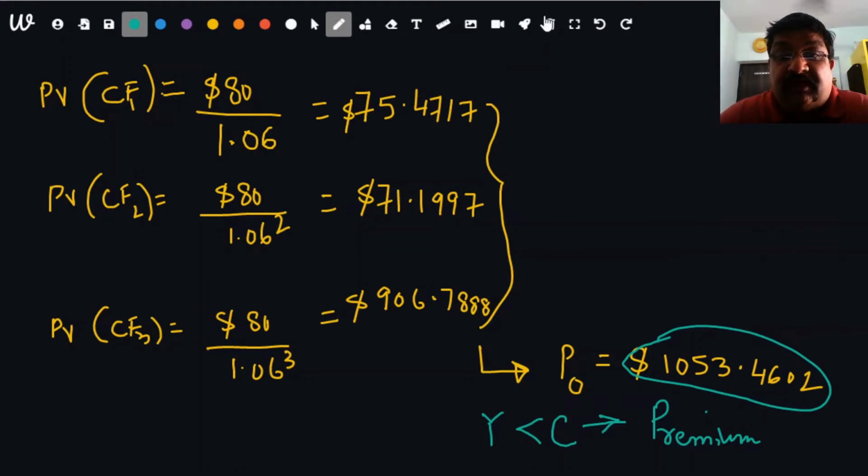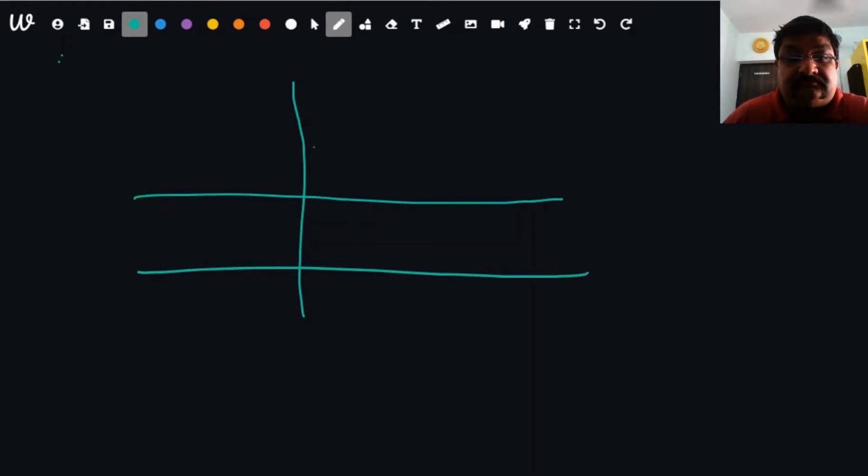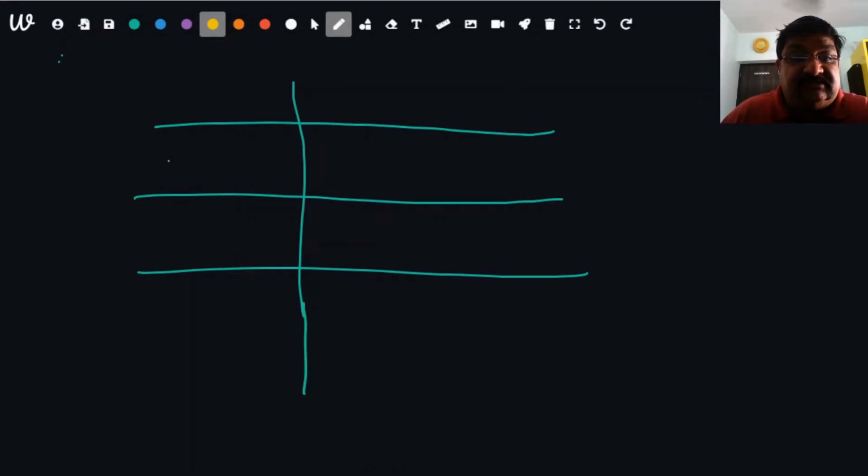What I am going to do now is I'm going to put this down in a small matrix so that it's absolutely clear for you to understand. So what did we observe? We observed that when the yield to maturity, in the first example, the yield to maturity was more than the coupon, the bond was trading at a discount.